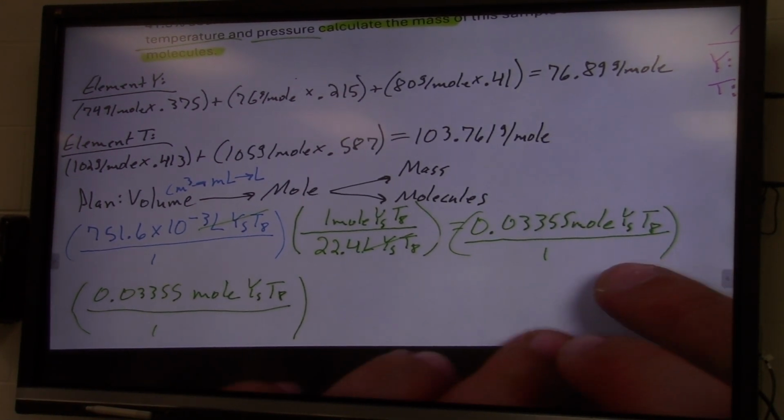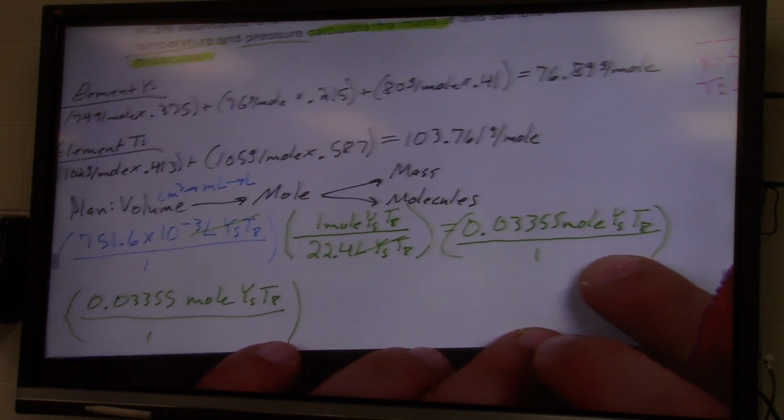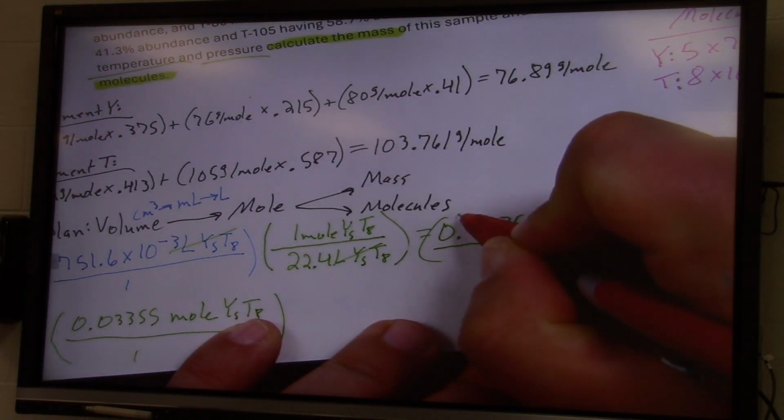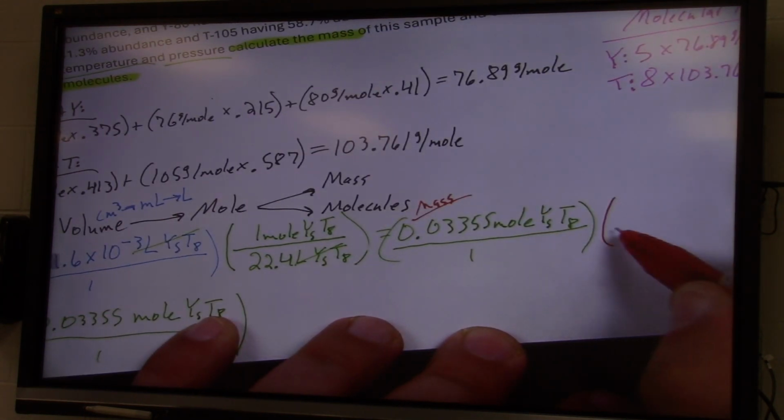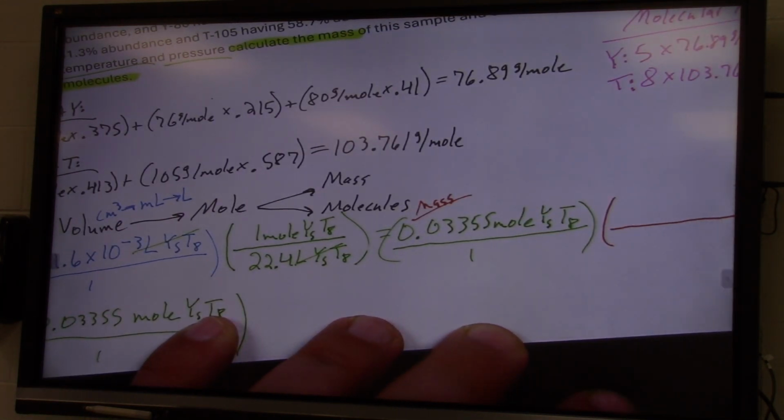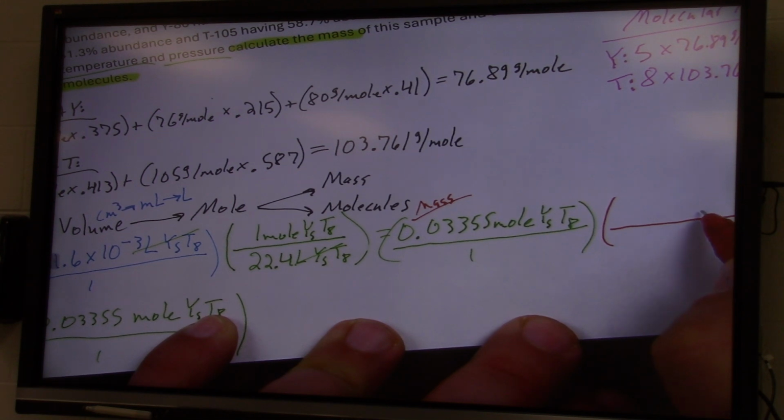So up top, I'm going to go to mass. This one is for mass. I set my conversion factor up. I'm going to mass, so that's grams of Y5T8 on the top, and 1 mole Y5T8 on the bottom.